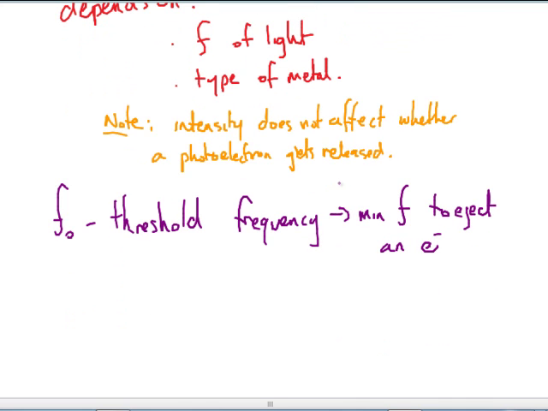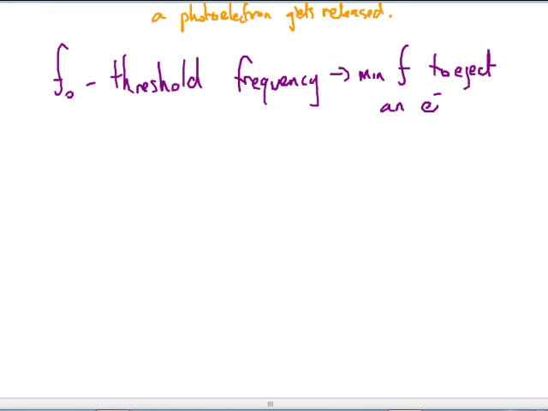Light below this threshold frequency for this particular metal does not release any electrons, regardless of how much intensity you bring. And this is where it starts to lead into this concept of, or proof of, the particle model.